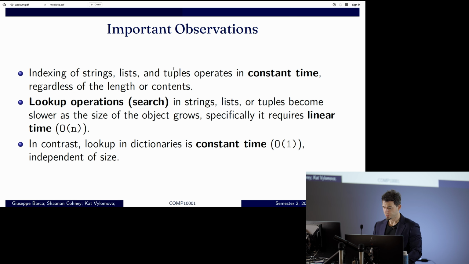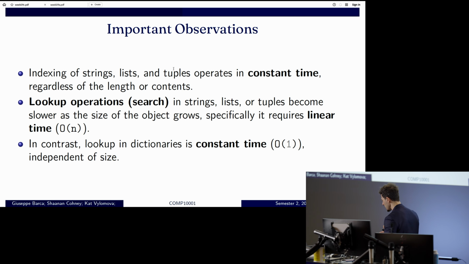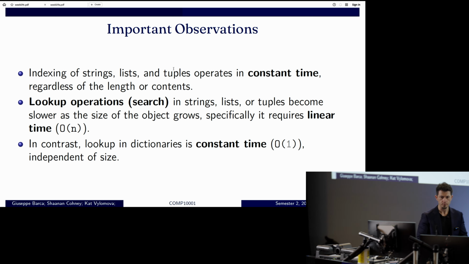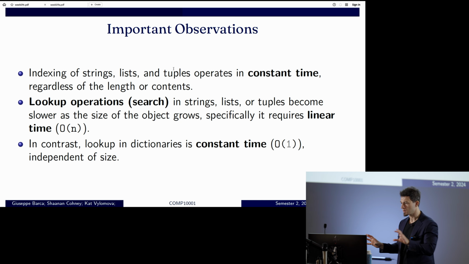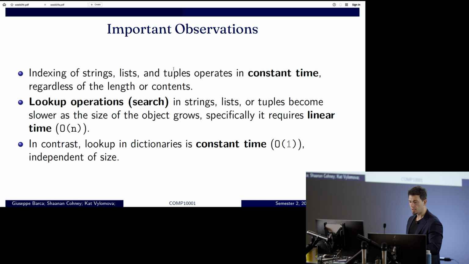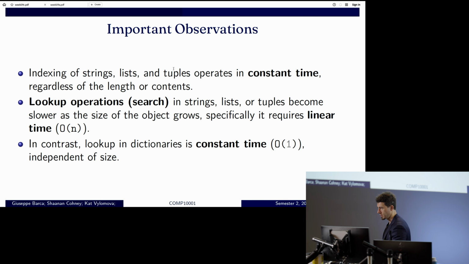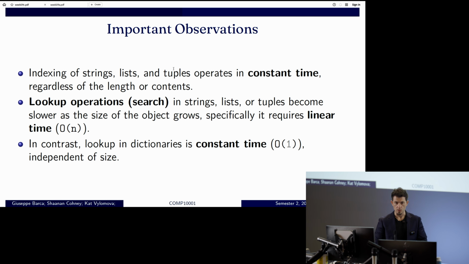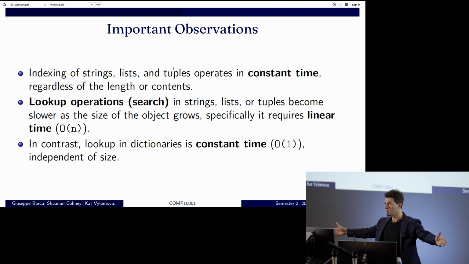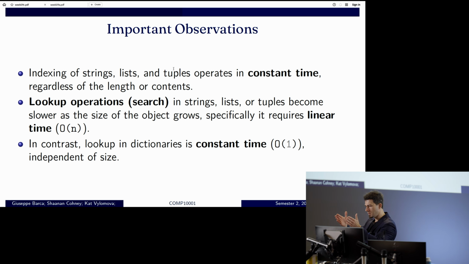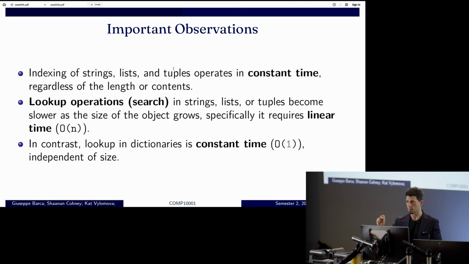And so I want to close this lecture with some observations that you want to think about. Now that we have seen the operations supported, what is interesting about strings, lists, and tuples is that indexing is performed in constant time. What does that mean? That means that if my data structure keeps increasing, it still takes the same amount of time to grab an object at a specific index.